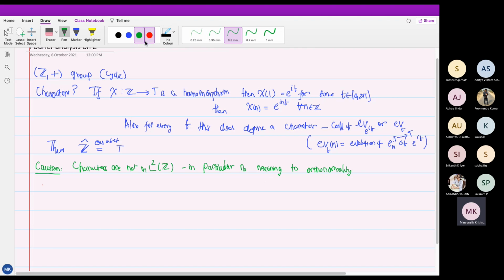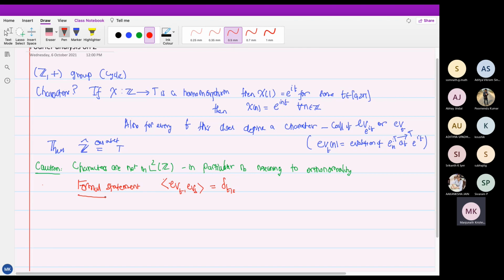Still, engineers often write a formal statement such as the inner product of EV_t and EV_s equals delta_{t s}.